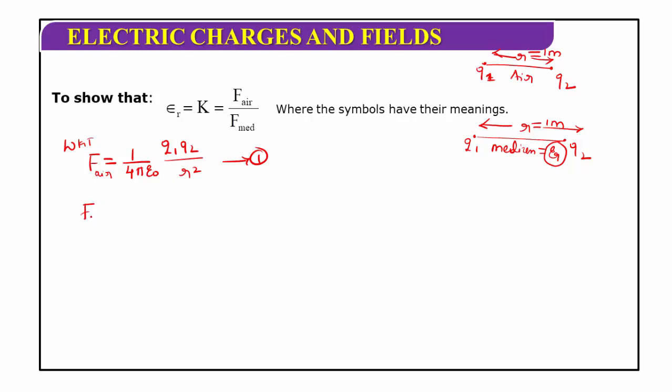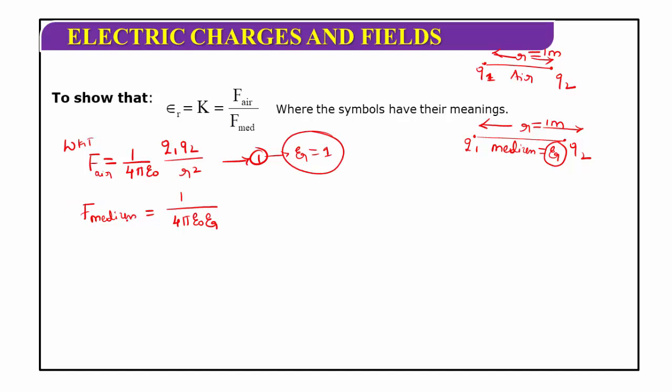Therefore, F medium is equal to 1 divided by 4 pi epsilon naught into epsilon r. Here only epsilon naught was used in air because in air the dielectric constant epsilon r has the value 1.